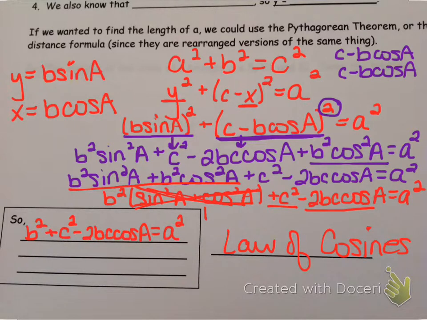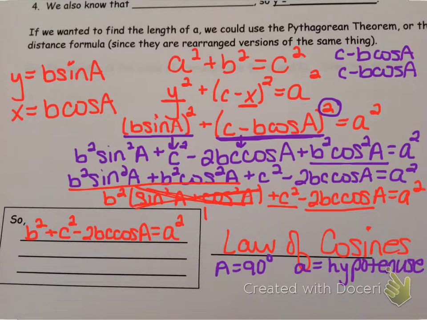Okay, and the reason that it is just the Pythagorean theorem, but for all triangles, and it even works inside right triangles, is because let's say that A was a 90-degree angle. If A was a 90-degree angle, then that would make little a, the side across from it, the hypotenuse of the triangle, because it would be across from the 90.